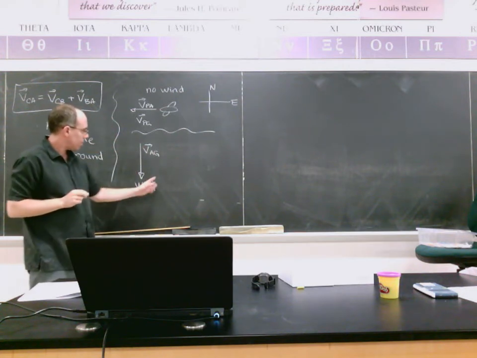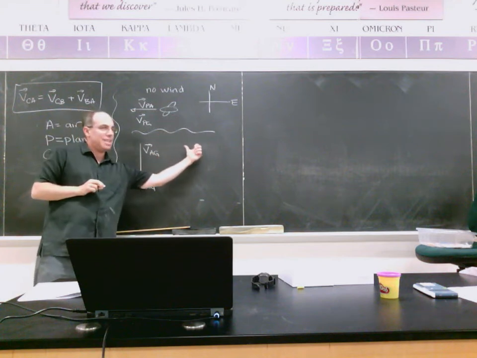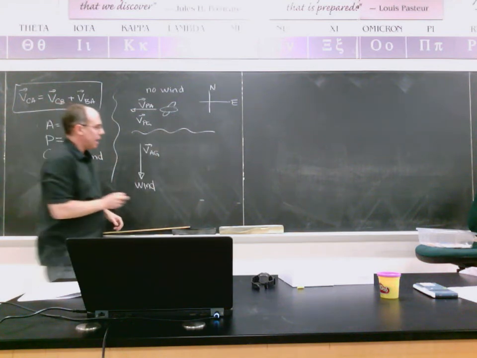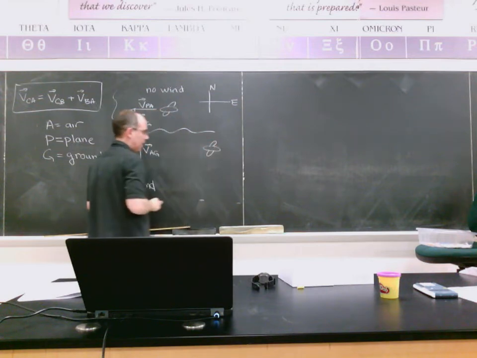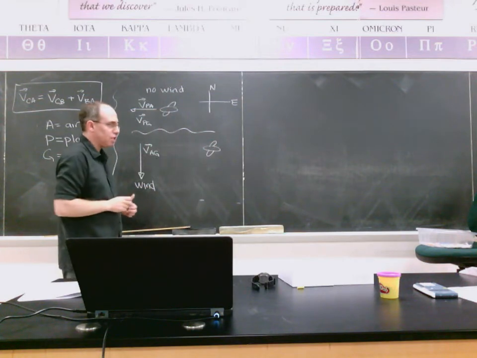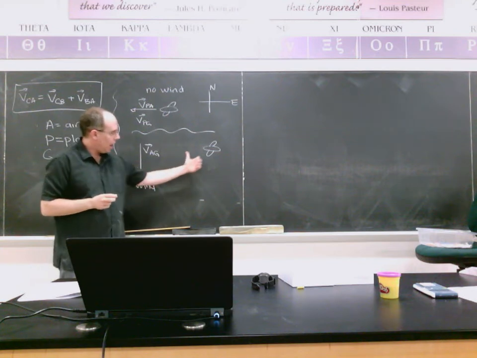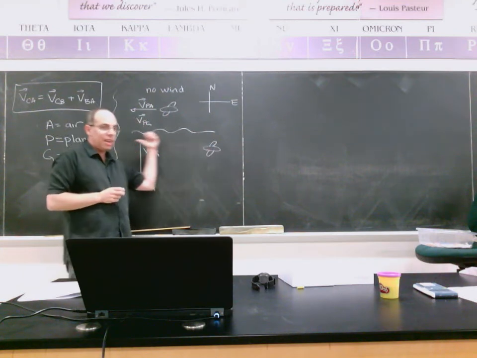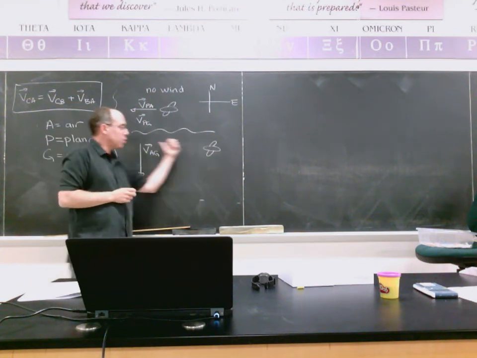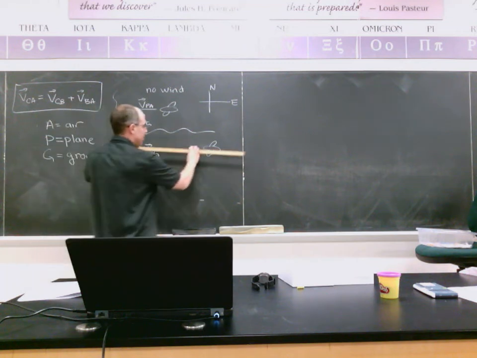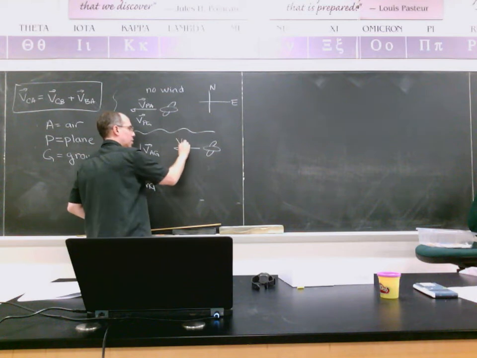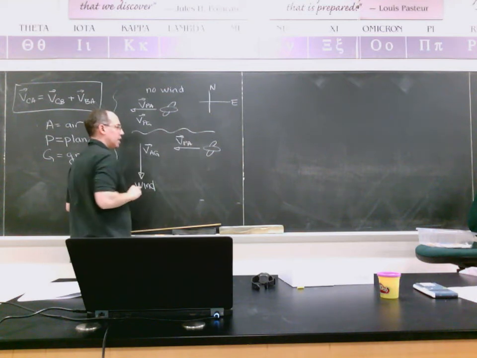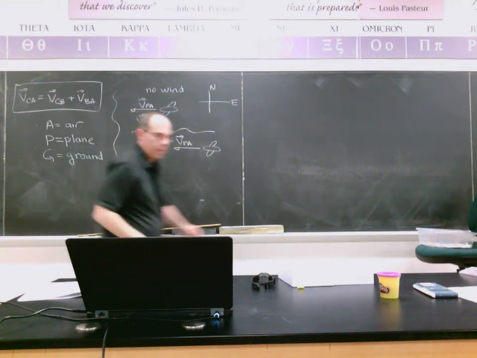Now let's say that the airplane again points itself towards the west, and when it starts to fly, it will move westward through the air. So we have velocity of plane with respect to air like so.